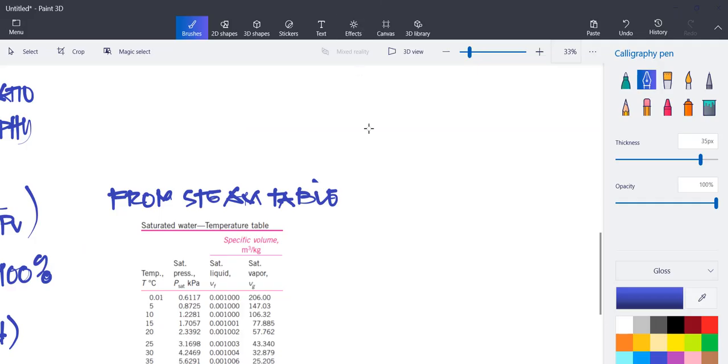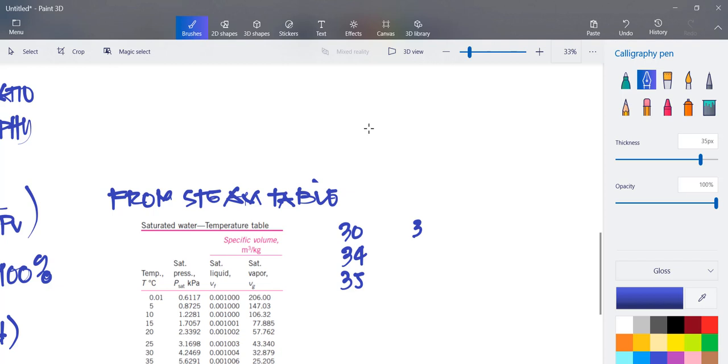So interpolating, that will be 30, then we have 34, and then we have 35, no? So saturation pressure corresponding to this, that will be 4.2469, then we have the value of X, then we have 5.6291.